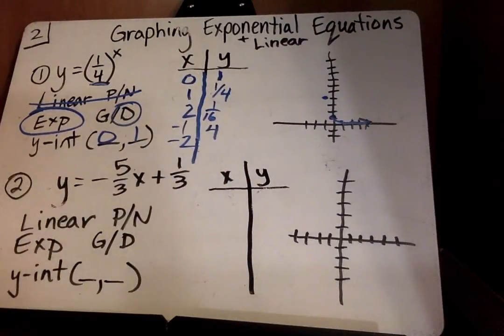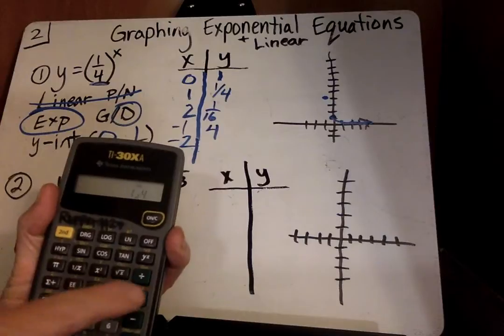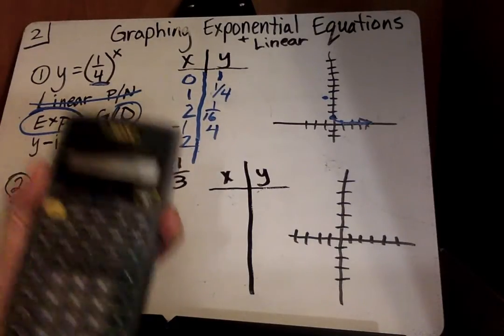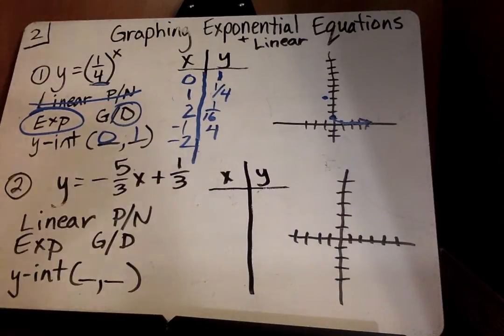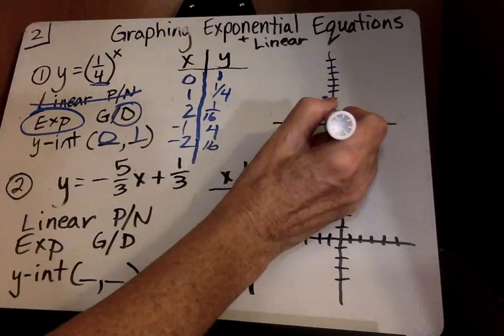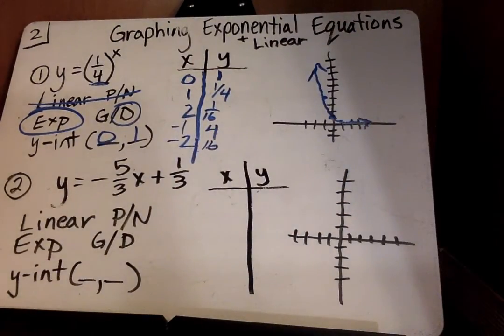Okay, -2. So I go 1, ABC, 4, y to the x, 2, negative, equals 16. So I know that's way up. So I'm just going to draw my graph like that, and I'm done.